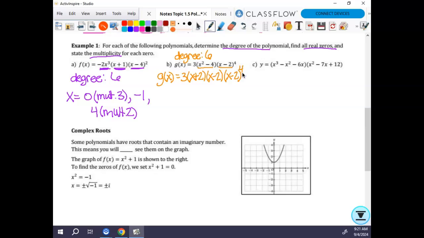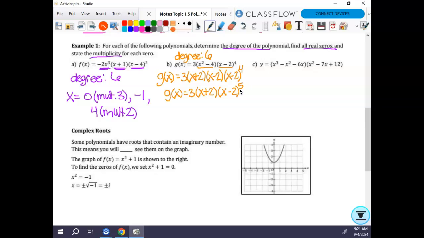What do you notice? Yeah, the x minus 2's, right? So I need to combine those. So one more step here, g of x is equal to 3 times x plus 2 times x minus 2 to what power? The 5th. So just clean it up a little bit. Everybody good with that?